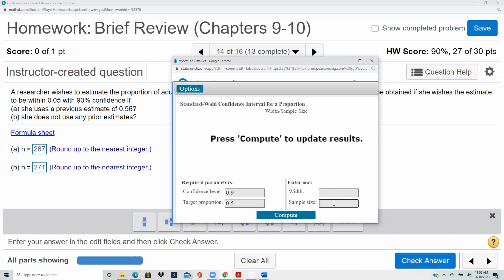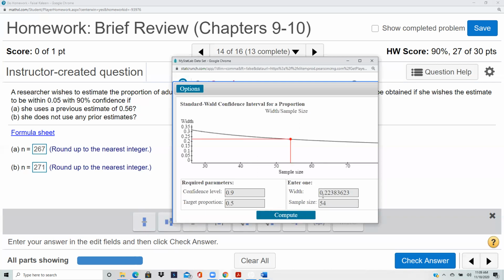So let's say you have n as 54, and you need the margin of error. This will give you the width. It says the width is 0.2238. So how will you translate this width into margin of error?